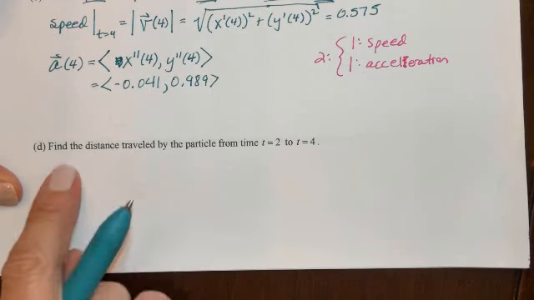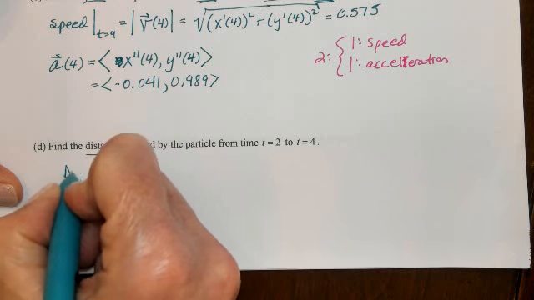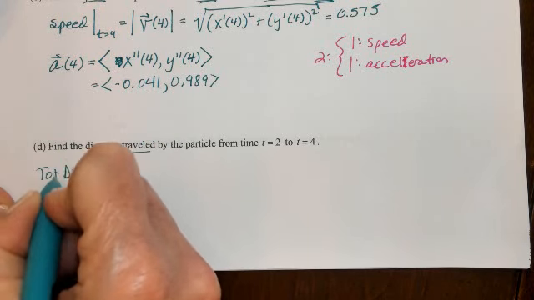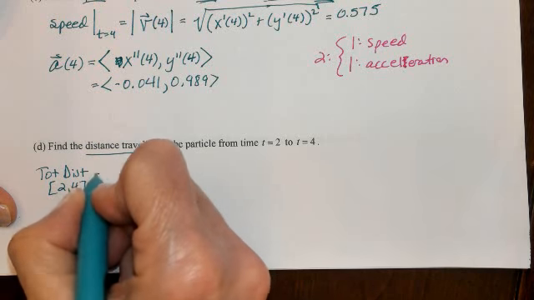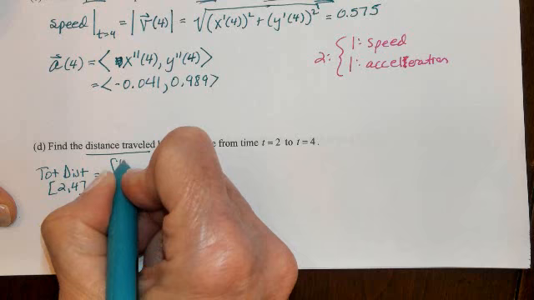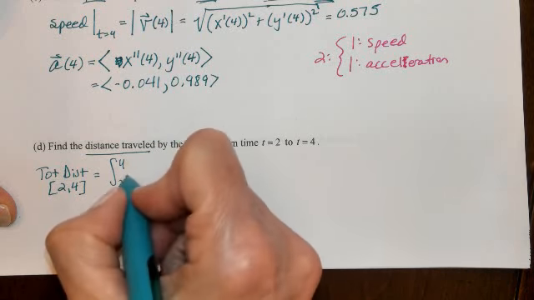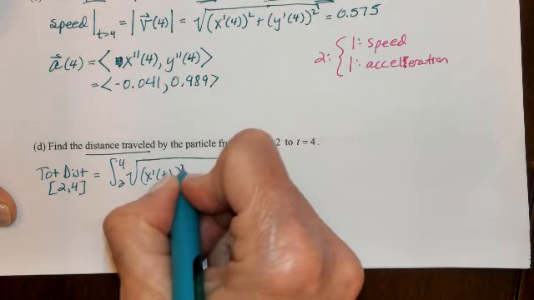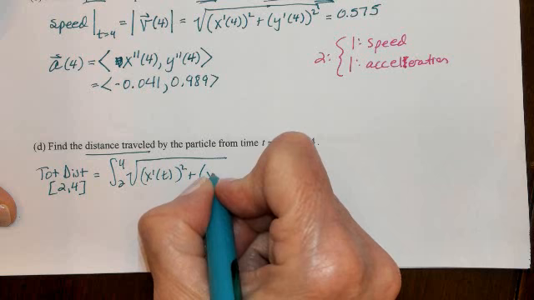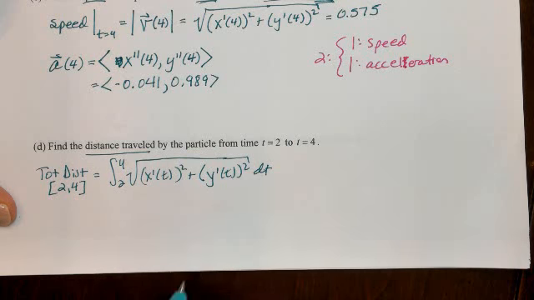Okay? Part D, find the total distance traveled. So total distance traveled from time 2 to time 4 is the integral from 2 to 4 of the magnitude of velocity, that square root, dt. So by saying that, I'm saying what I'm doing to get this.